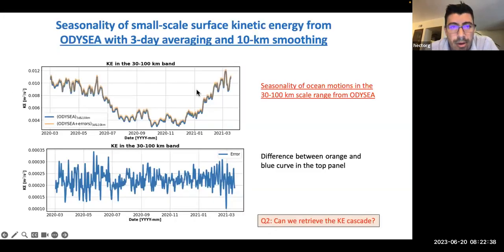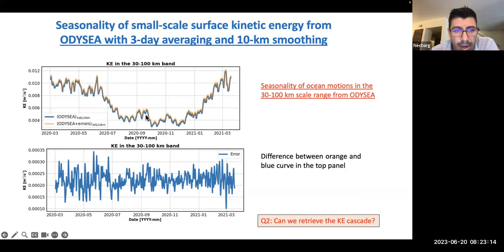So here it is. I took this small box and computed the kinetic energy spectrum for each ODYSEA swath, for 1 year. I'm showing just the kinetic energy level between the 30 and 100 kilometers band, which is the band that Sasaki and Klein defined as small scales. Here I'm using the 3 days average and the 10 kilometers smoothing.